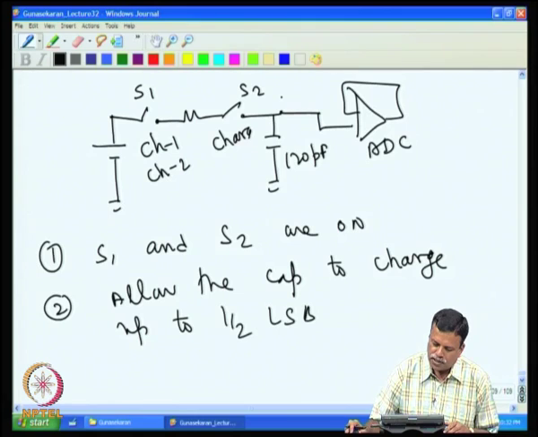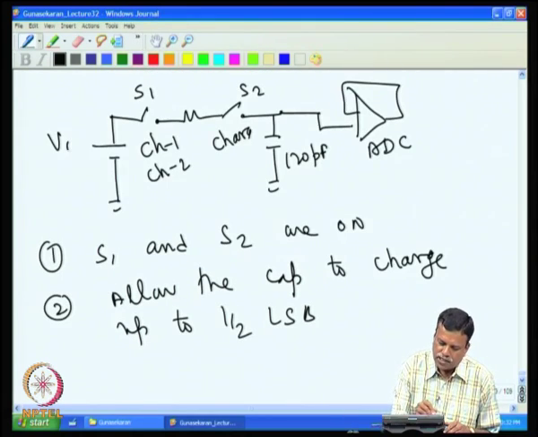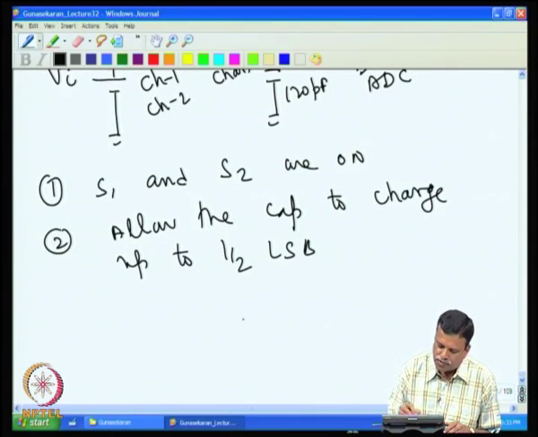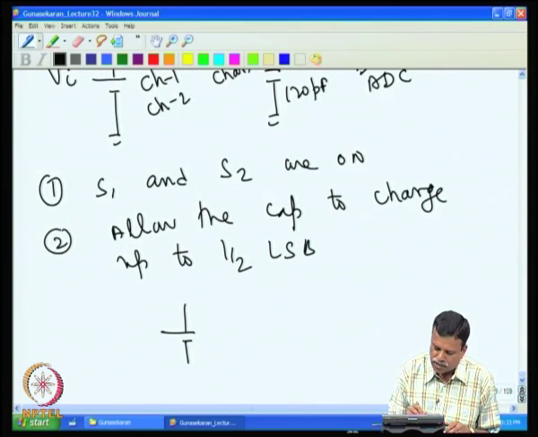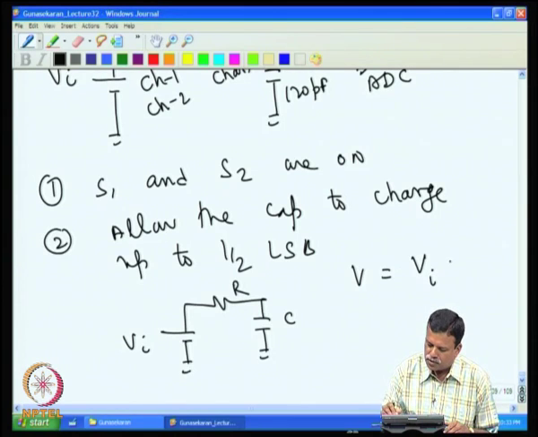So, if VA is the input voltage, the capacitor charges exponentially to VA. So, you have the voltage on the capacitor as VA into e power minus t by RC.